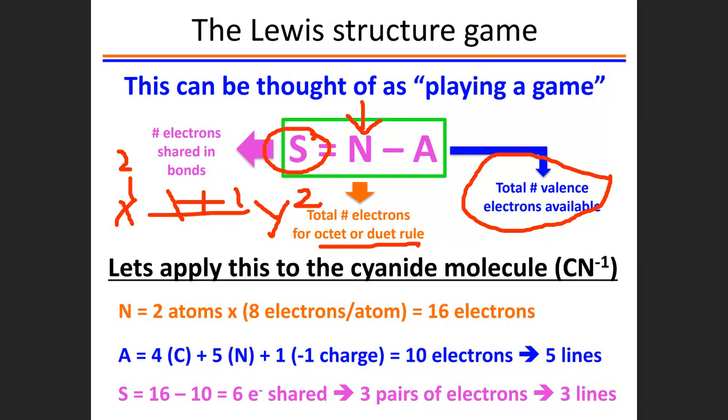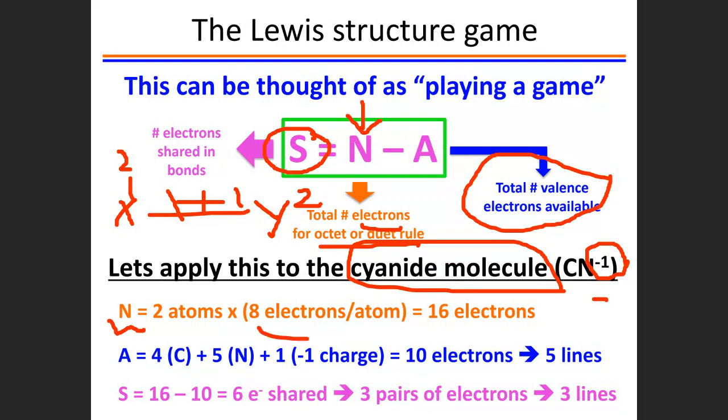CN, this is the cyanide molecule, and you can see this has a -1 charge. That means the cyanide already took 1 electron from others. Now see the N. N represents total electrons for octet and duet. So how many atoms do we have? We have 2 atoms. For 2 atoms, if the carbon and nitrogen want to be octet, octet means 8, correct?